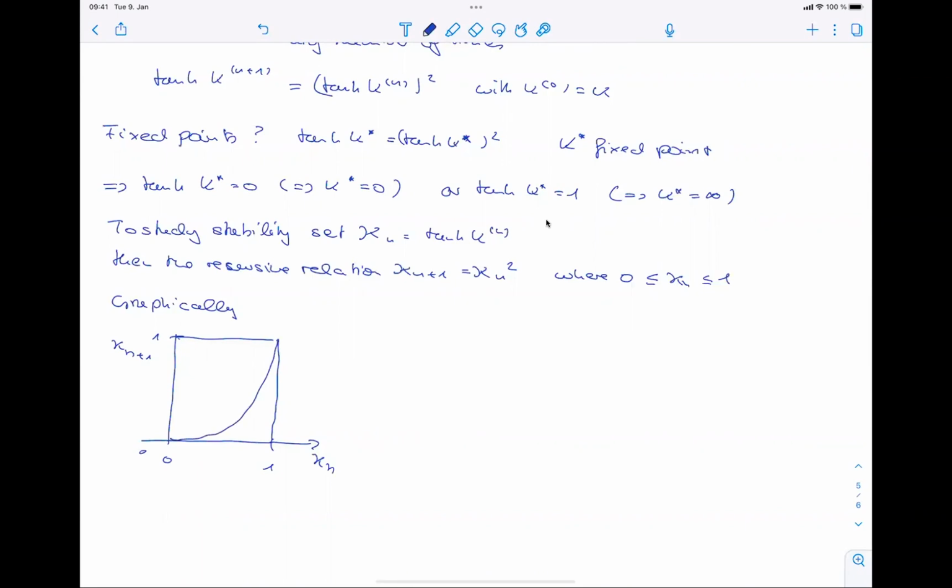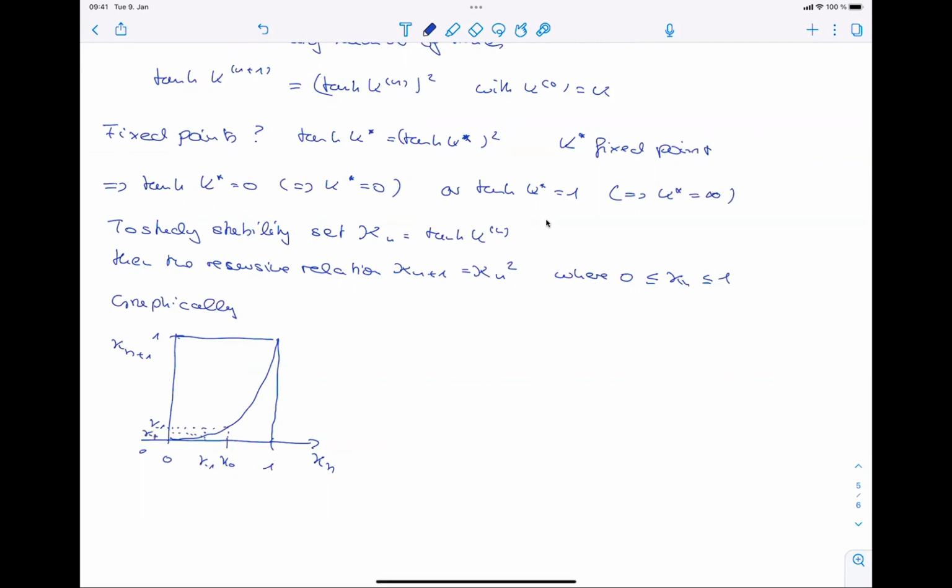So what it means is if I start off with a specific kappa, say here, a kappa_0, then the kappa_1 will be that value. And if I map this back down here, this is then kappa_1, this is kappa_2, and so on.